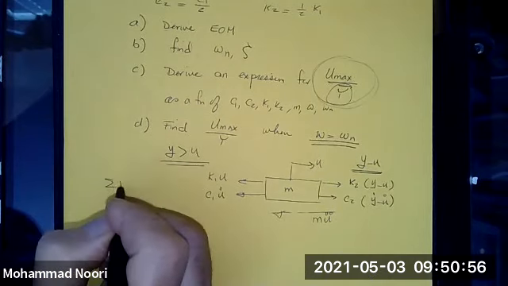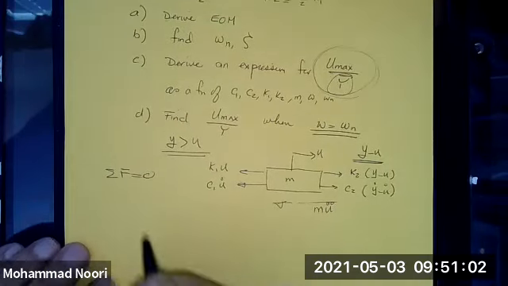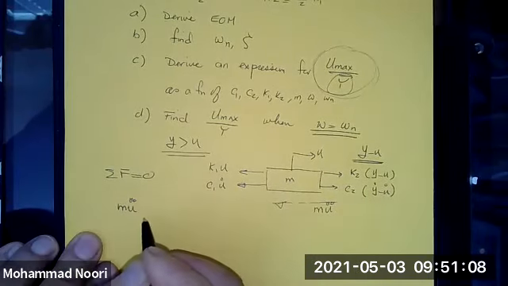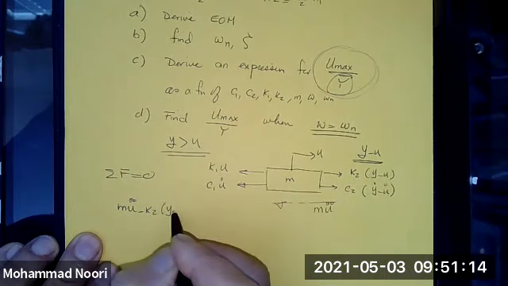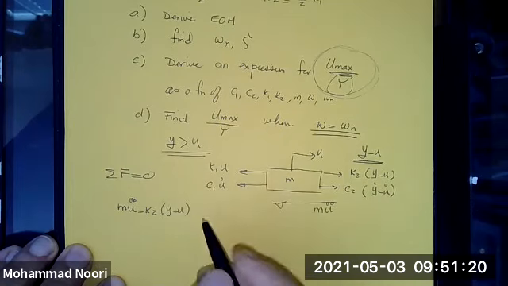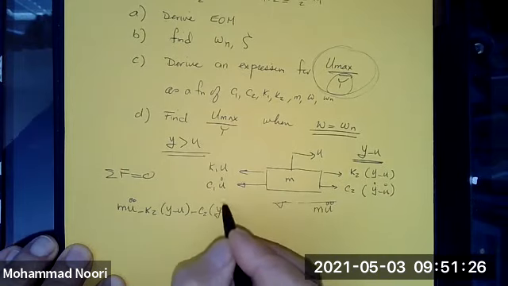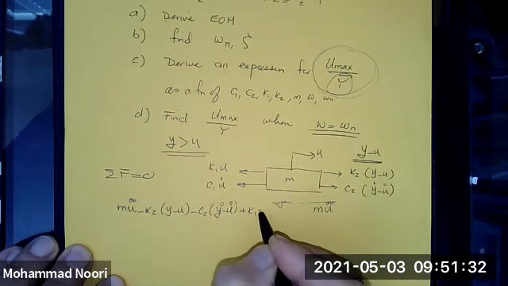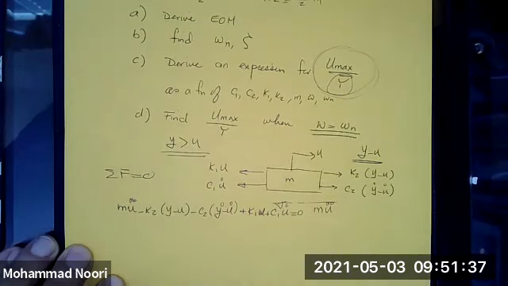Now by writing the summation of forces along x equal to 0, I can set up the equation of motion. So let's add up all these forces. You have m u double dot minus k2 times y minus u, then C2 times u dot minus y dot, plus K1 u plus C1 u dot is equal to 0.